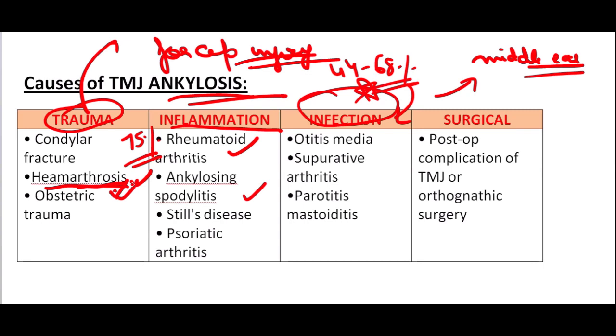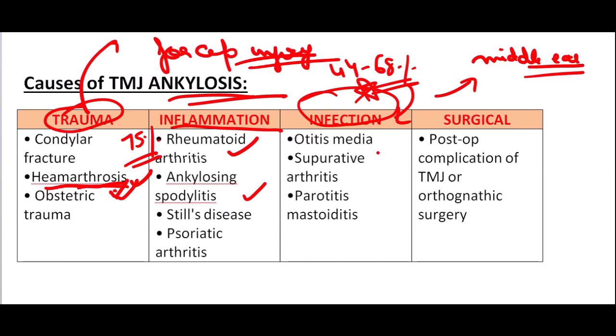In the case of intra-articular ankylosis, where the fusion occurs within the joint itself, several changes can take place. The meniscus, that is a structure that helps to cushion and stabilize the joint, undergoes progressive destruction. So this destruction can cause flattening of the glenoid fossa and thickening of the head of condyle.